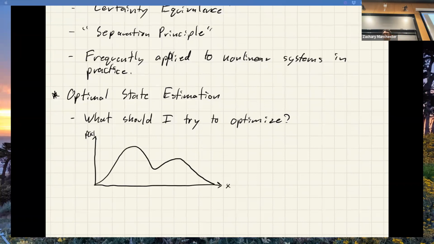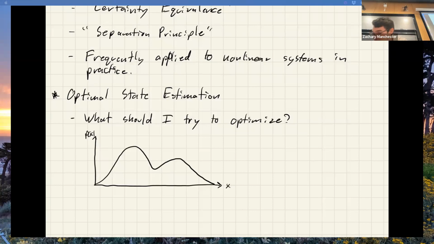What is my state estimate in this situation? What should I pick? What's a good metric for being optimal here? Yeah, so maybe the peak of the distribution.